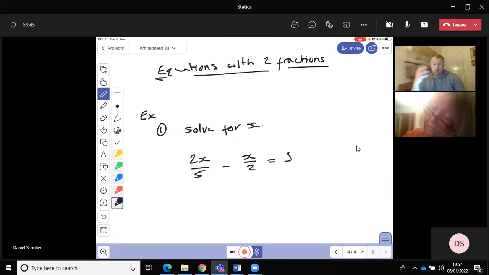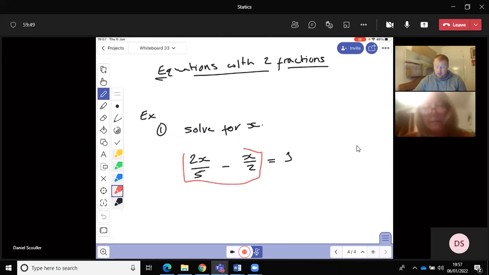So it's the same sort of approach. What we need to deal with first is just these fractions. Now, we did this in unit 1, and it's just a smile kiss. We get a single x term, and then we rearrange and we solve.